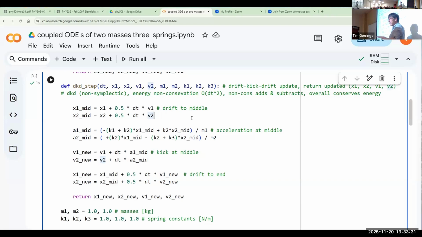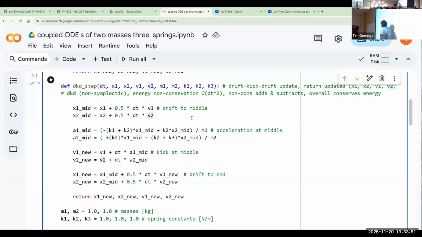So drift tries to do better by, firstly, drifting the particle forward by half of the tick, half of the increment. So that's what this calculation is here.